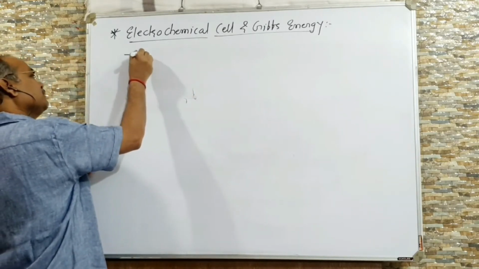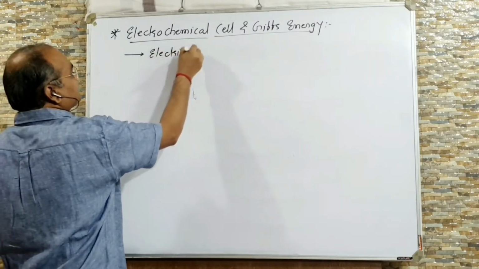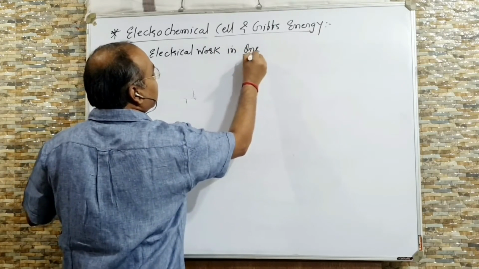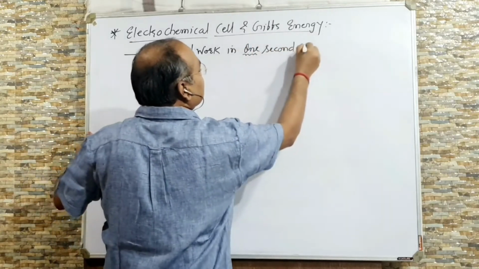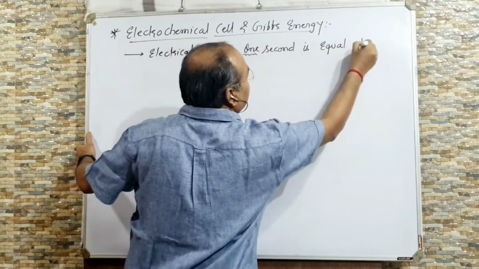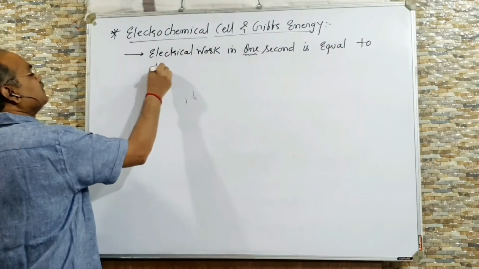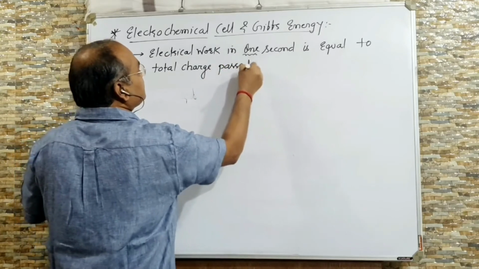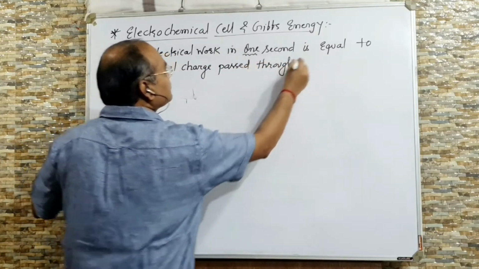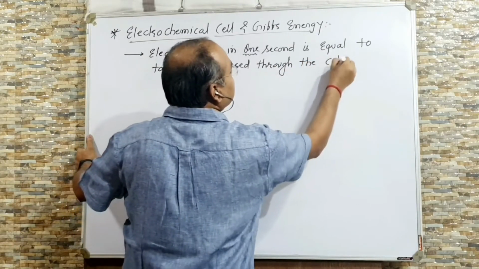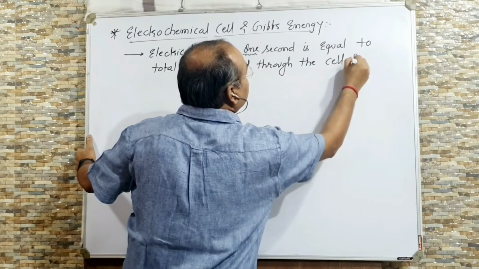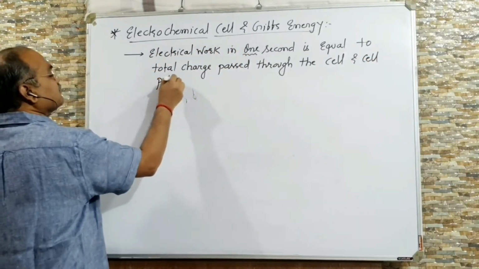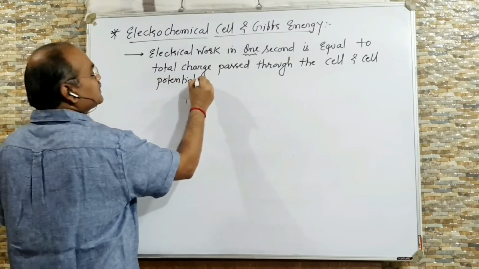Now in this topic, we will derive the relation. Electrical work in 1 second is equal to the total charge passed, you can say drawn through the cell, and the cell potential.